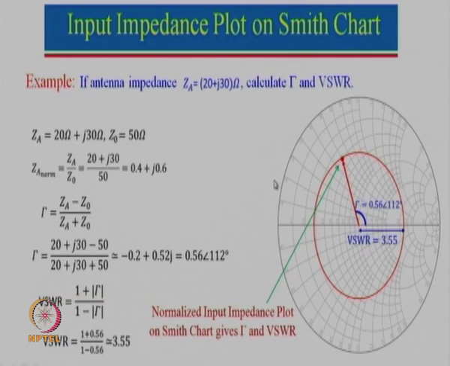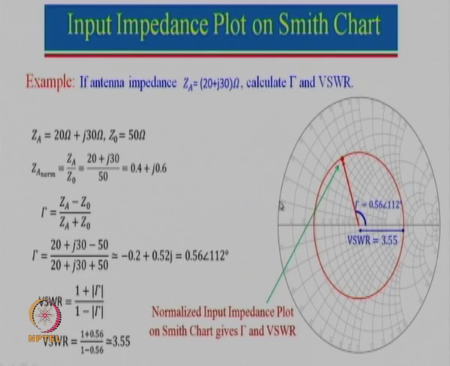Then you will see there are many other circles, like this. These are known as constant resistance circles. What this really means is that suppose I have chosen this 0.4, along this entire path here it will be 0.4, and on this entire path the real impedance will remain fixed.